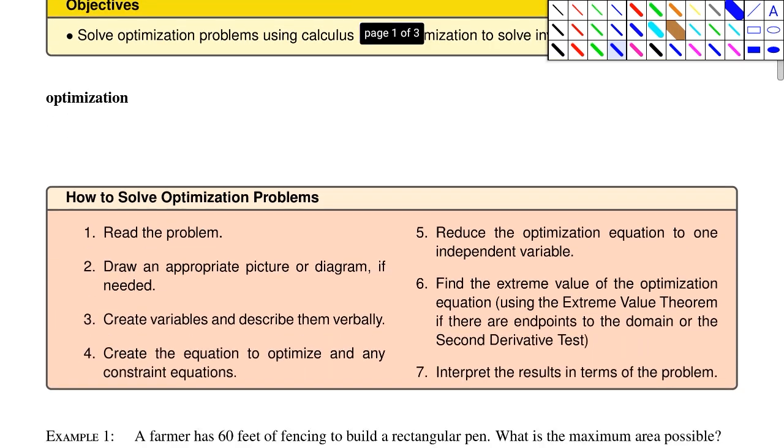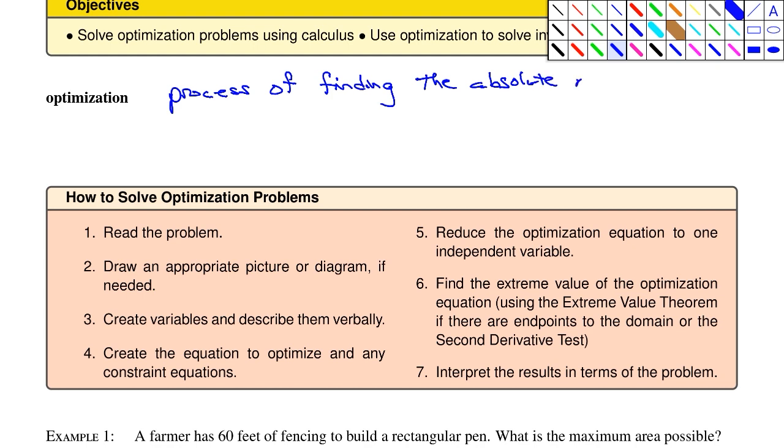So what is optimization? Well, optimization is the process of finding the absolute extrema of a situation.